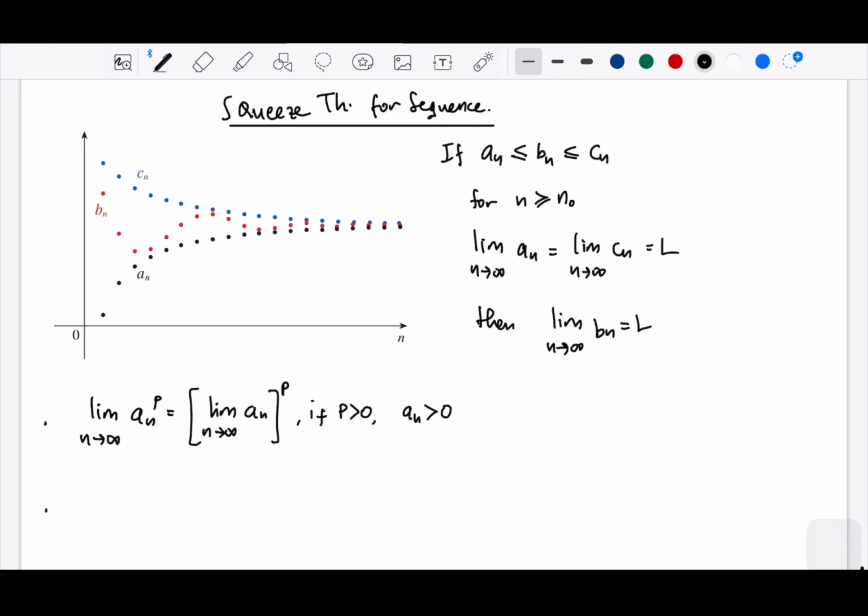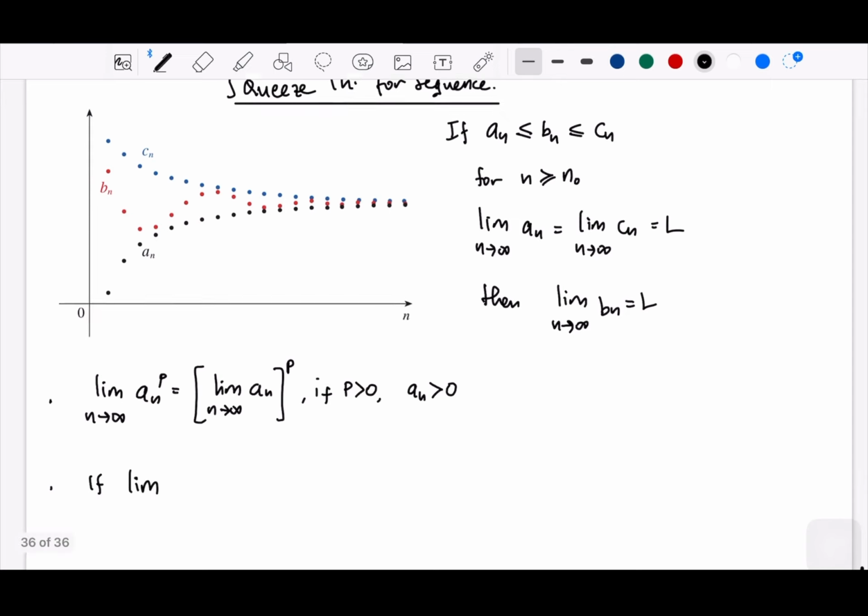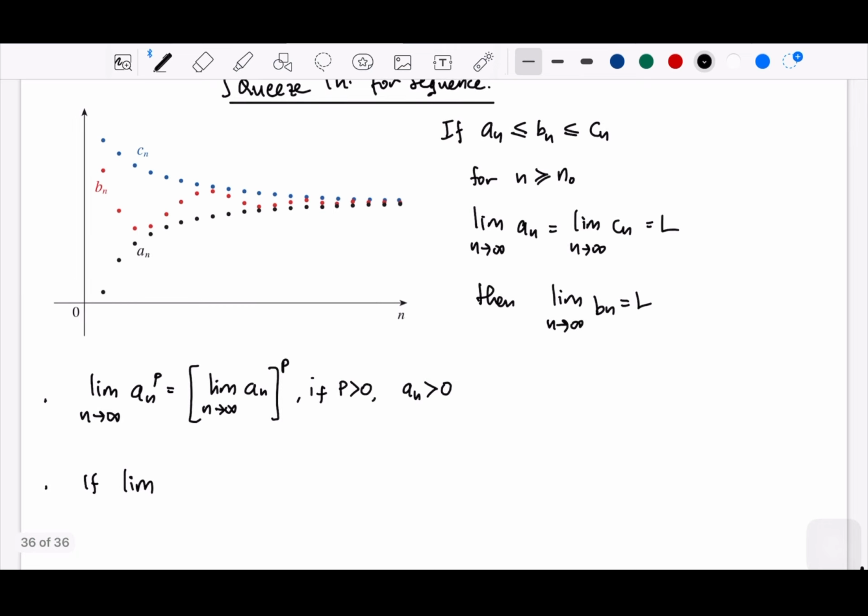But I think this is also the same as the limit that we have learned. And another simple theorem that is useful is when you have the absolute value of a_n. If this limit is 0, then the limit of the sequence is also 0.